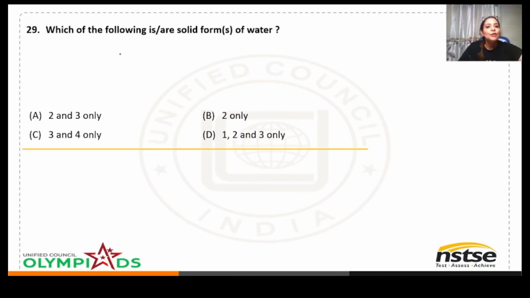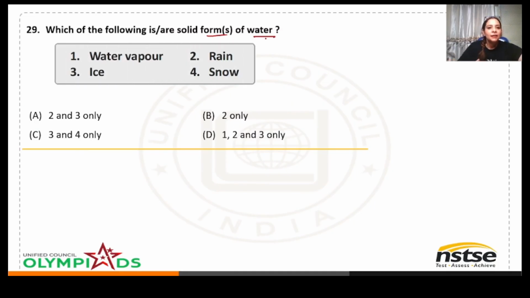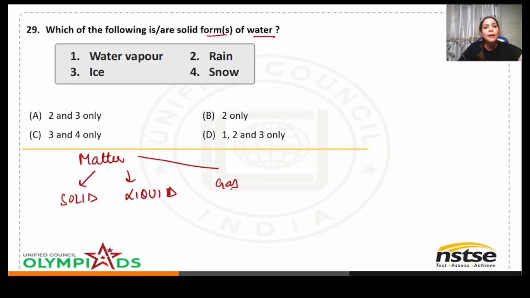Next question. Which of the following is a solid form of water? These forms are given: water vapor, rain, ice and snow. We know that matter can exist in all three states: solid, liquid, and gaseous. Particularly for water, the solid form, where the particles are very tightly packed, is ice and snow.